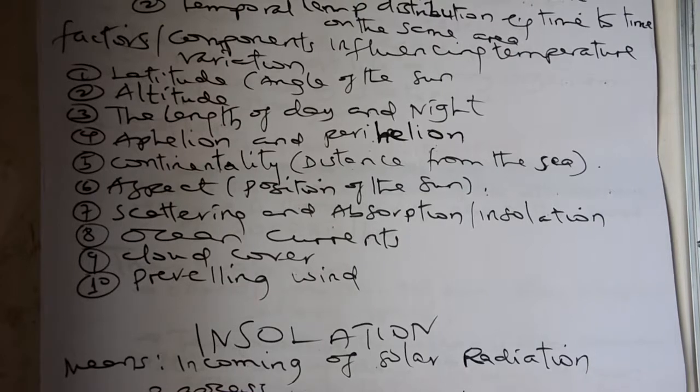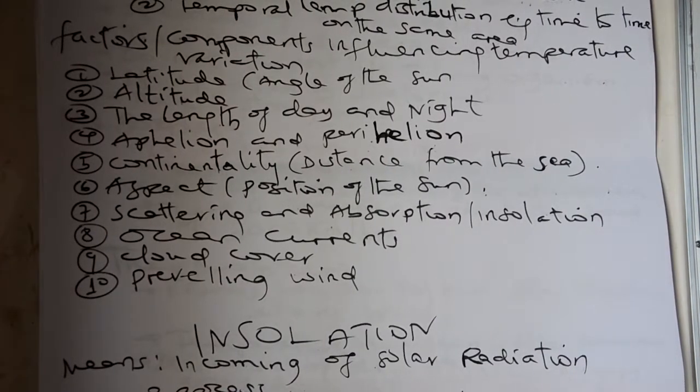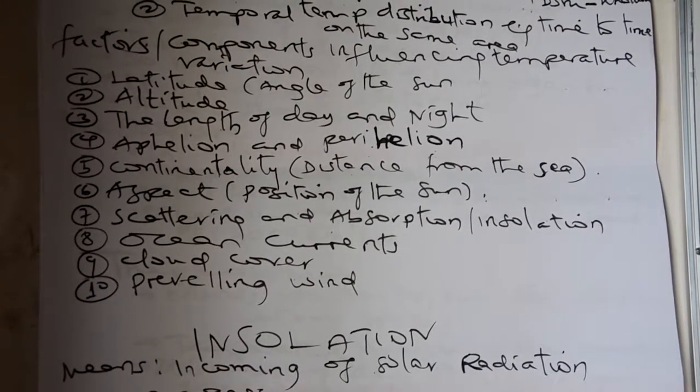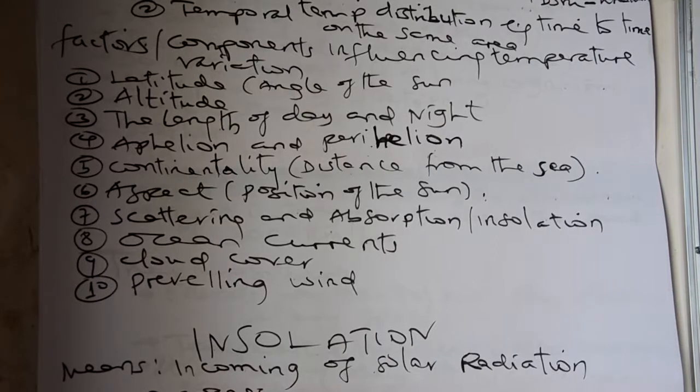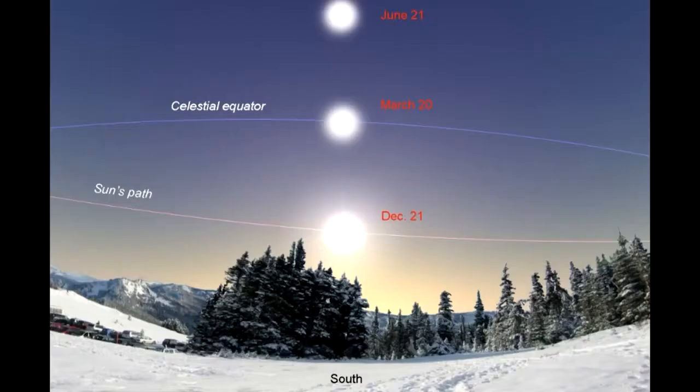Insolation is the incoming of sun rays on the surface. As I told you, at the layer of the stratosphere there is the ozone layer. The ozone layer is the place where there is absorption of sun rays.